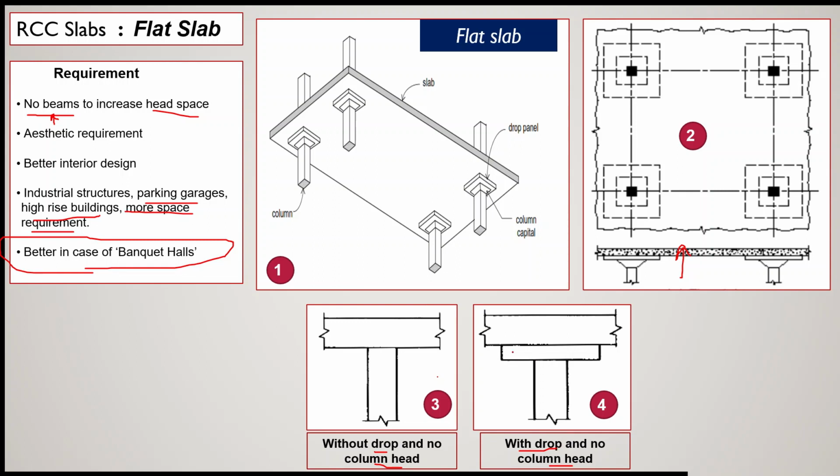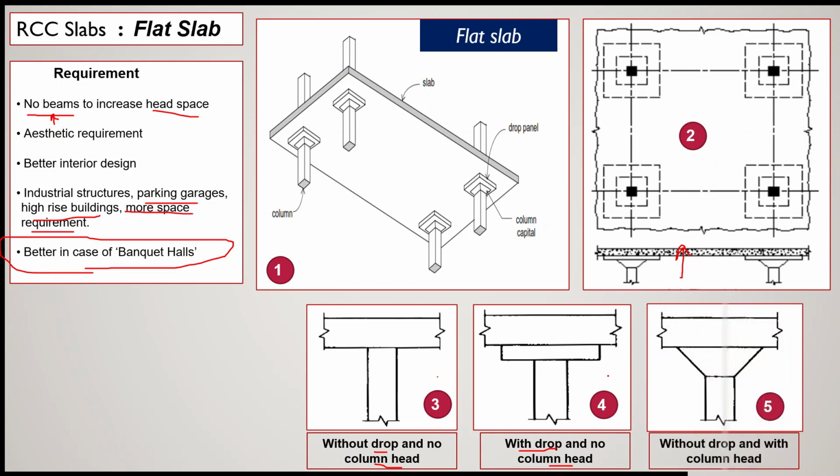That means it will be just like a panel, a drop panel. In this fifth figure, you can see this is a slanted column portion. That means there is no drop but a column head is there. Above the column head there is no drop.